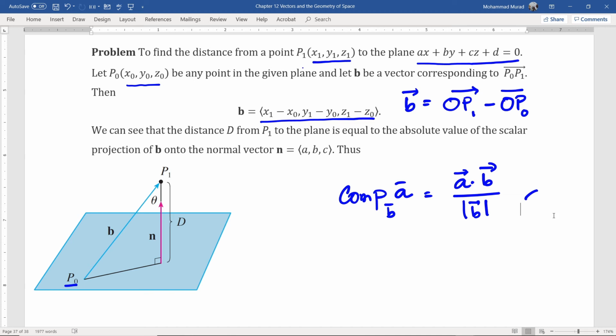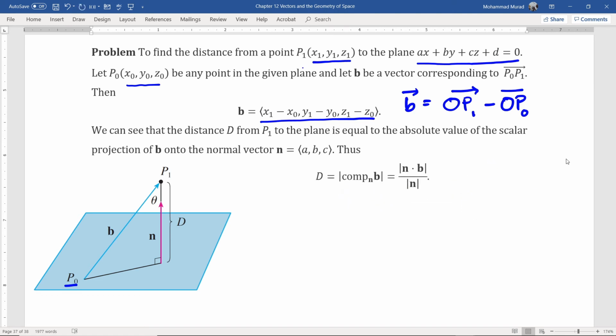So the component of the vector a onto the vector b is given by a dot b over the magnitude of the vector b. So the distance in our case is the component of the vector b onto the vector n, which is given by the absolute value of the dot product of n with b over the magnitude of the normal vector n.